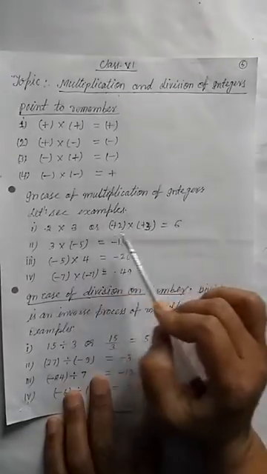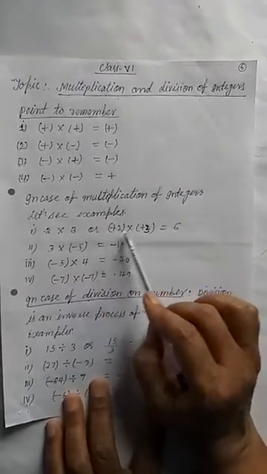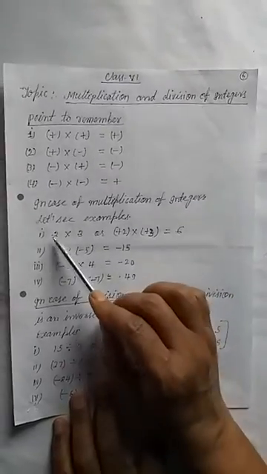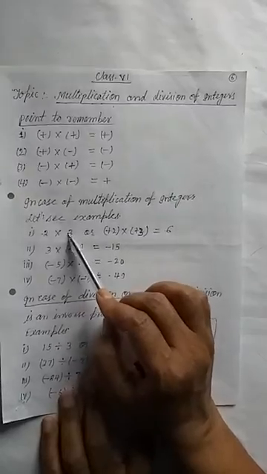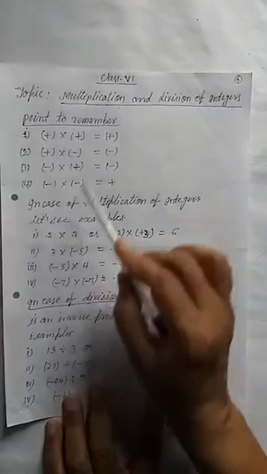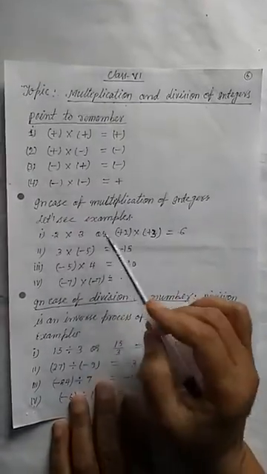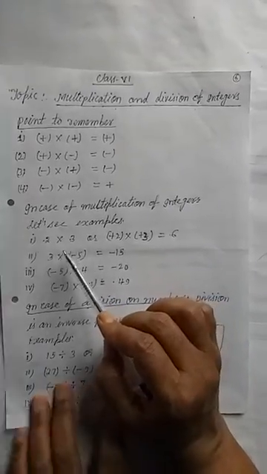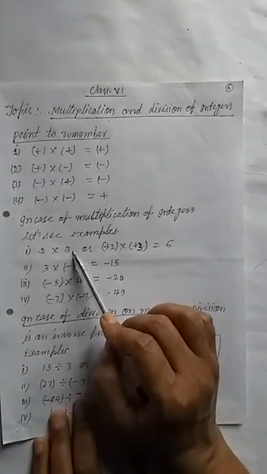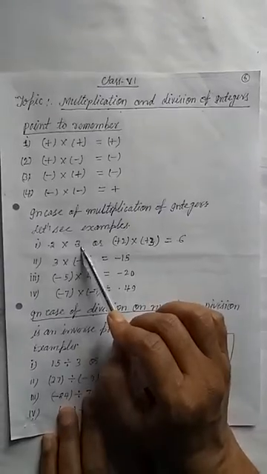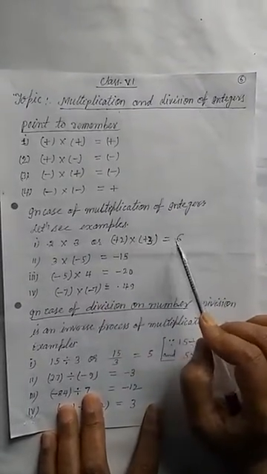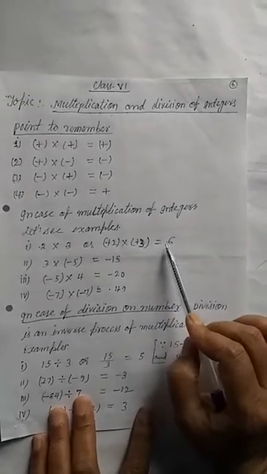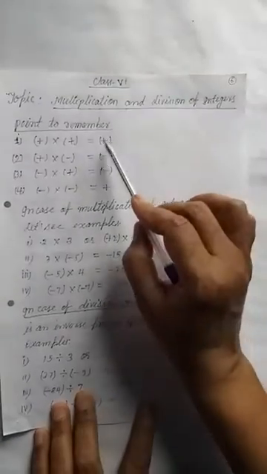Keep it in mind: if a sign is not given, you have to consider it plus. According to the first rule, first multiply the numbers and find the product: 2 threes are 6. Then write the sign. What sign will it be? Plus, according to this rule.